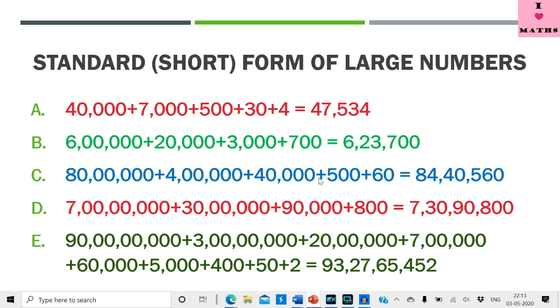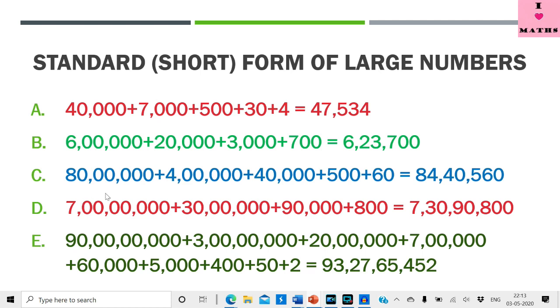Mind you, children, there is nothing at thousands place. So what will come at thousands place? Think, come on. Yes, 0 will come at thousands place, 5 at hundreds place, 6 at tens place, and again a 0 at ones place because there is nothing at ones place in the expanded form.